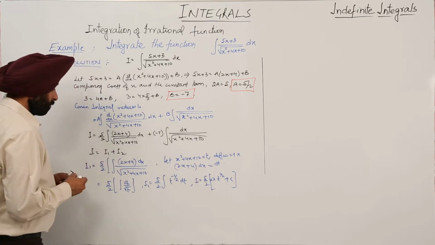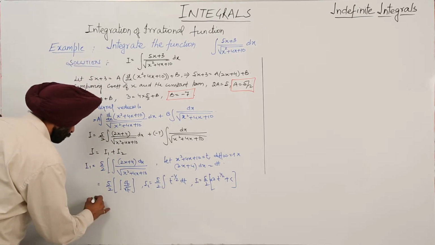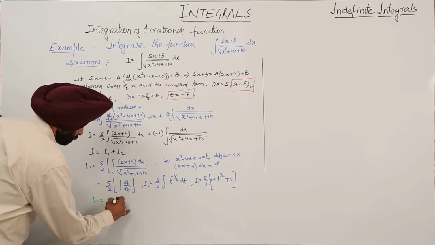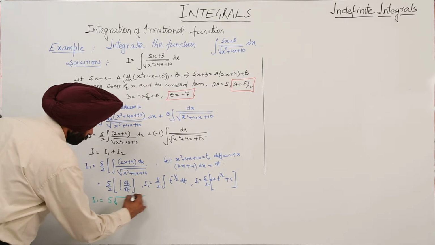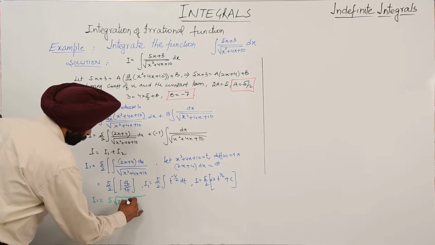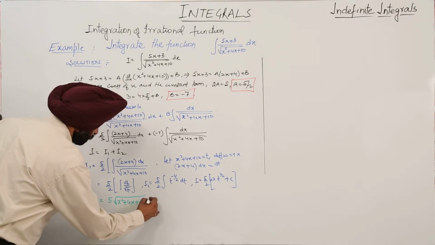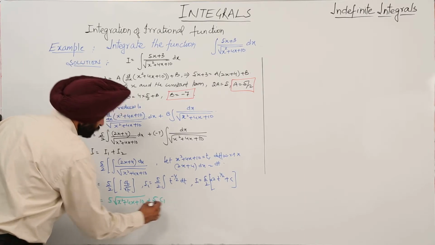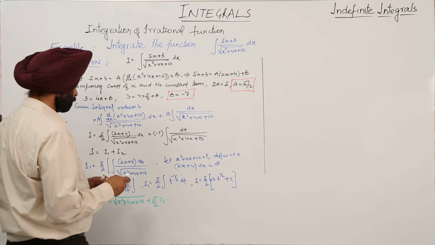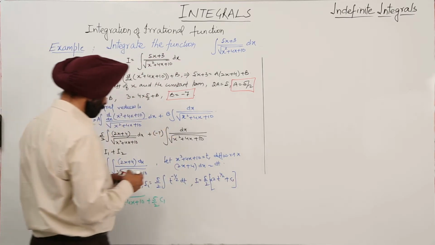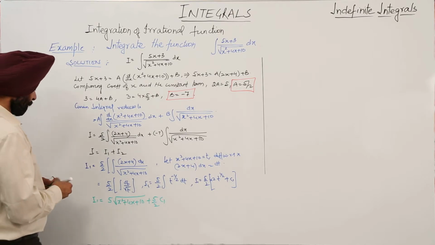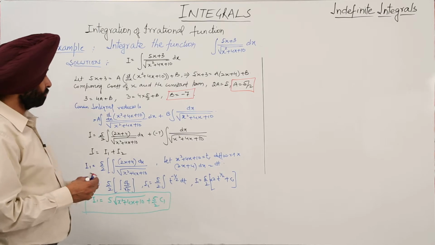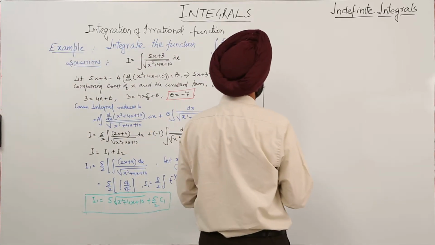Now we are having I1 is equal to 5 under the root x square + 4x + 10 plus 5 by 2 c1. Okay, one part. Now solving I2.